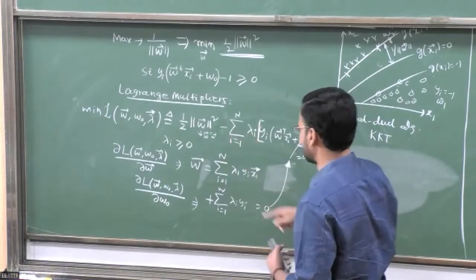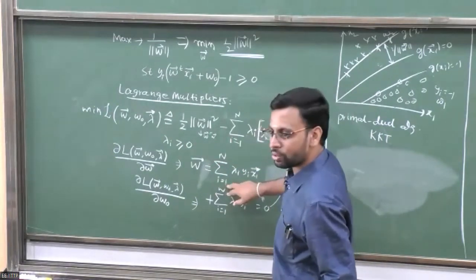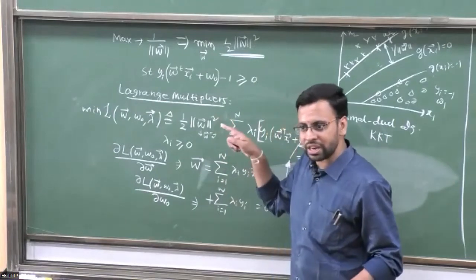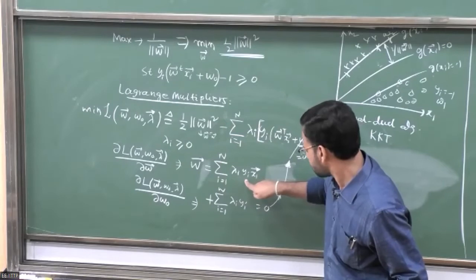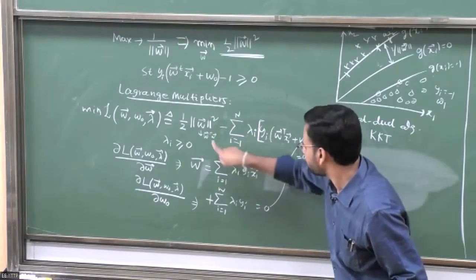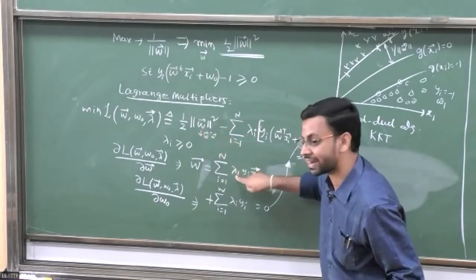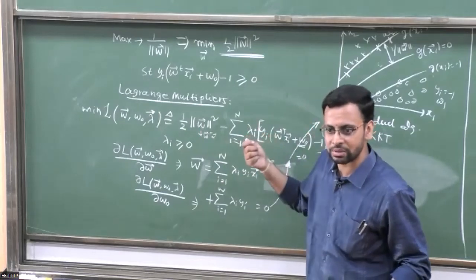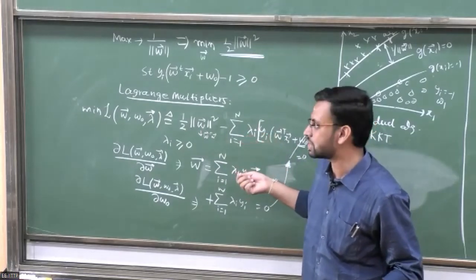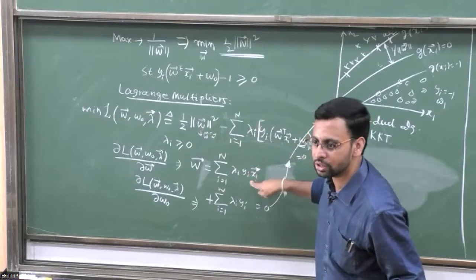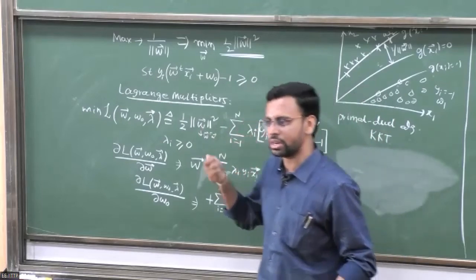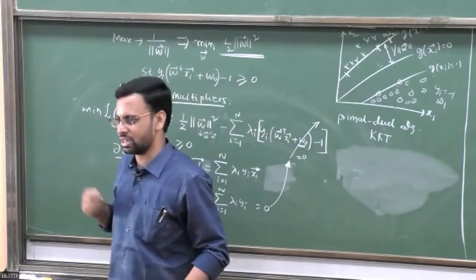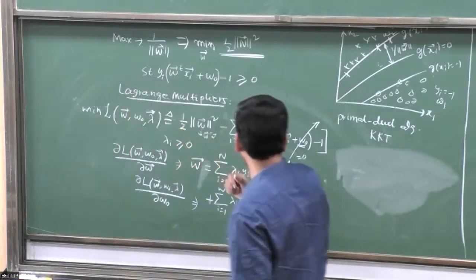What is it that you are getting there? i varying from 1 to n, j varying from 1 to n, lambda i, lambda j, yi, yj. One of them is transpose. These are scalars, transpose is the same. But when it comes here, you get xi bar transpose xj. Of course, you all know it is the same as xj bar transpose xi, even if you want to write it.